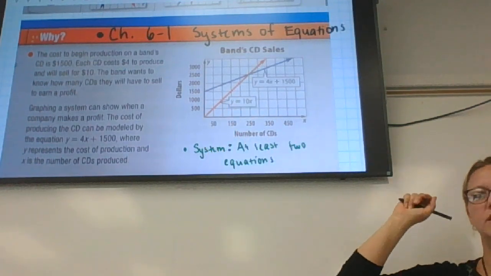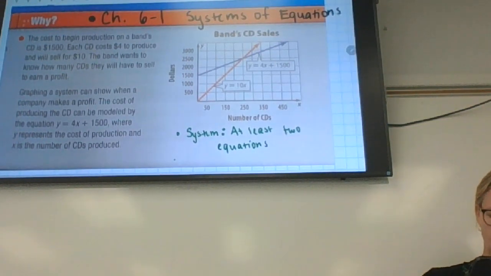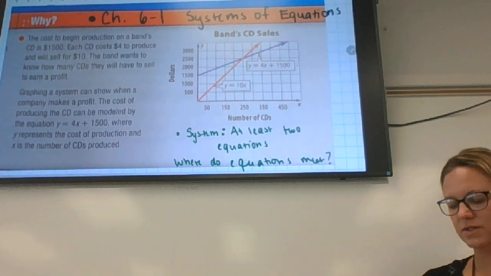I see a red line and a blue line. So this entire chapter is about having 2 equations in one problem, trying to find where those equations meet. Where do equations meet? That's what we're asking.